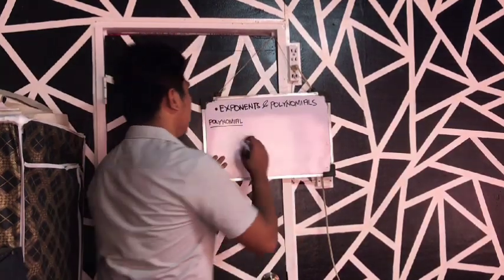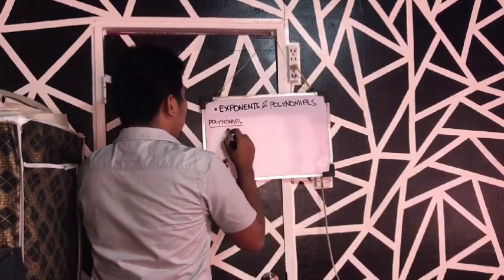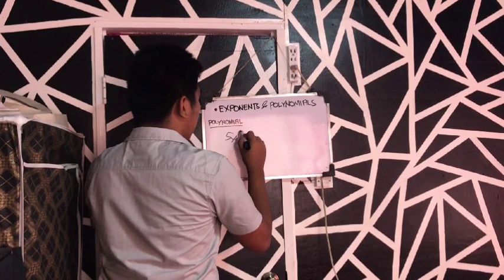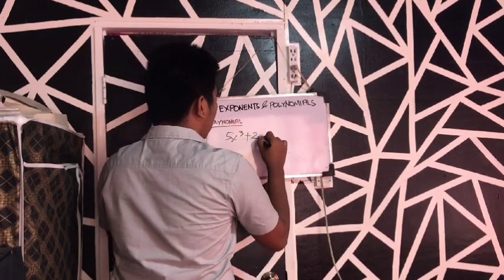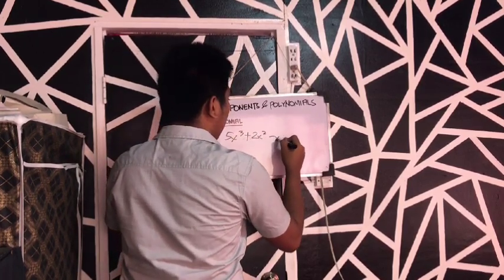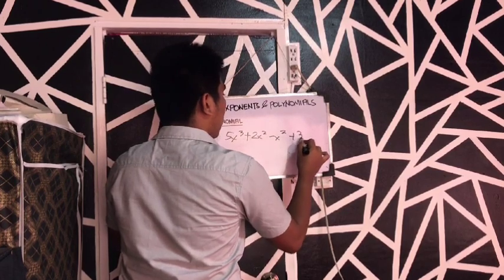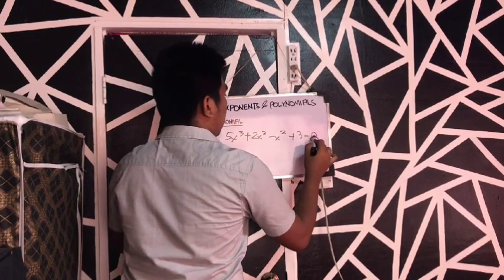Now we will solve some polynomial expressions. An example is 5x cubed plus 2x squared minus x squared plus 3 minus 8.